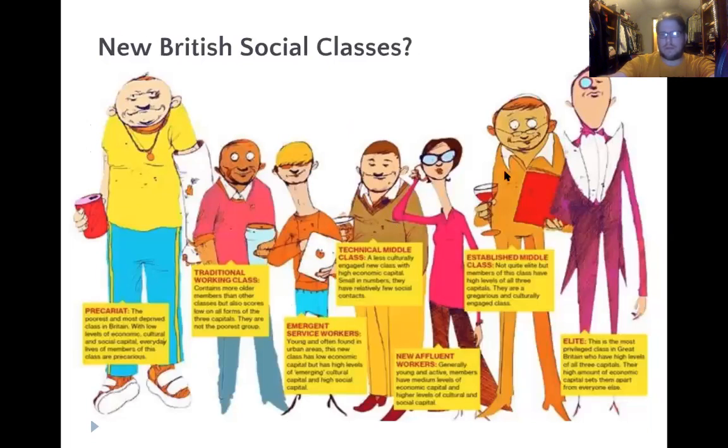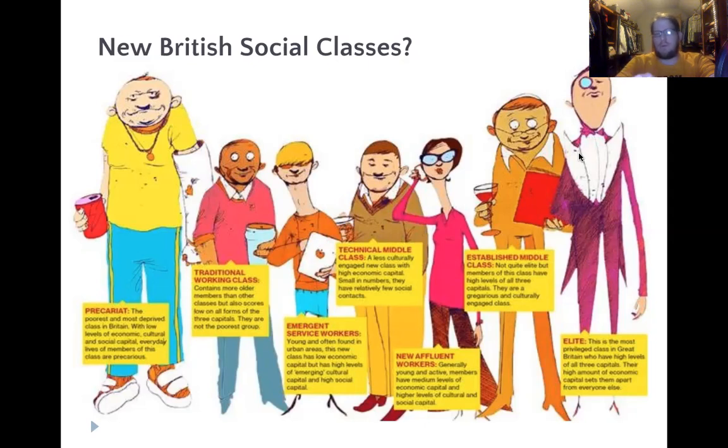So this is an image that breaks down how folks would define some of the new British social classes, and it tends to get wealthier the further to the right of this image that you move across. The folks in the lowest social class would be described as the precariat.